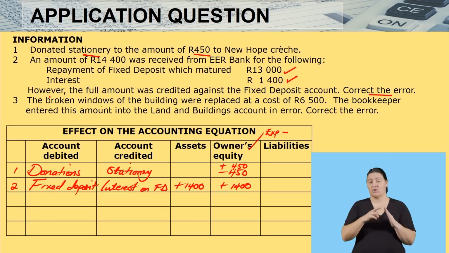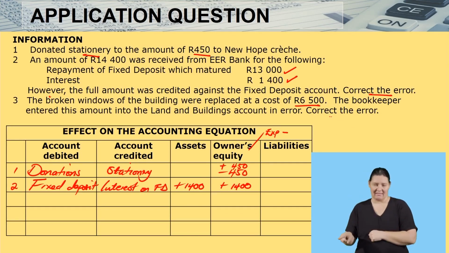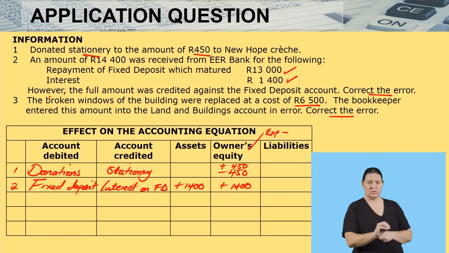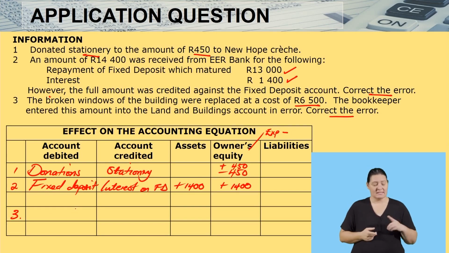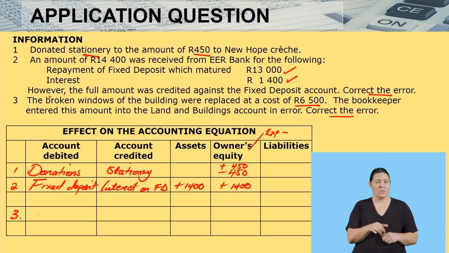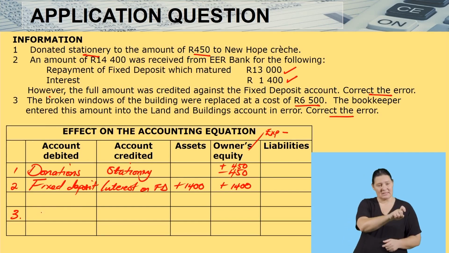It reads, the broken windows of the building were replaced at a cost of 6,500. The bookkeeper entered this amount into land and buildings, and this was an error that requires correction. To do that, I'm going to come here and record the third one. Which account do I debit? We are having repairs in this case that should have been debited, but we debited land and buildings.